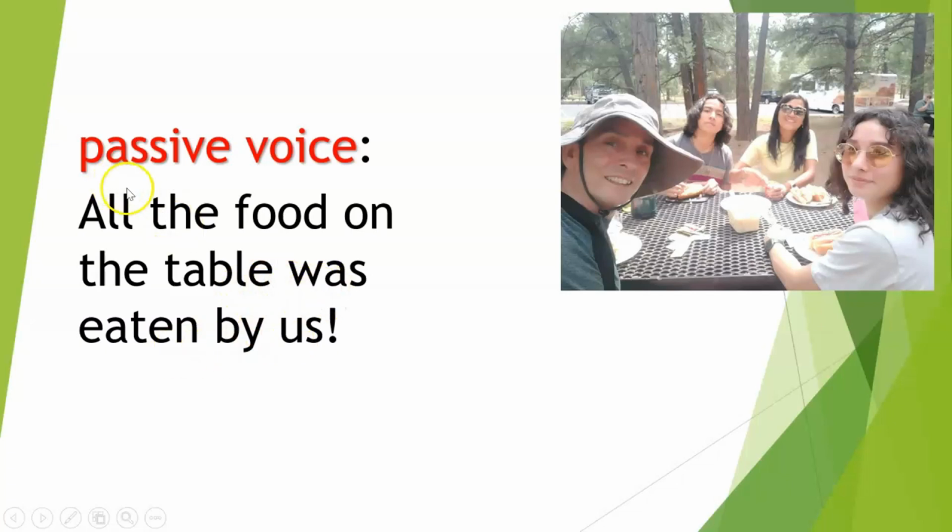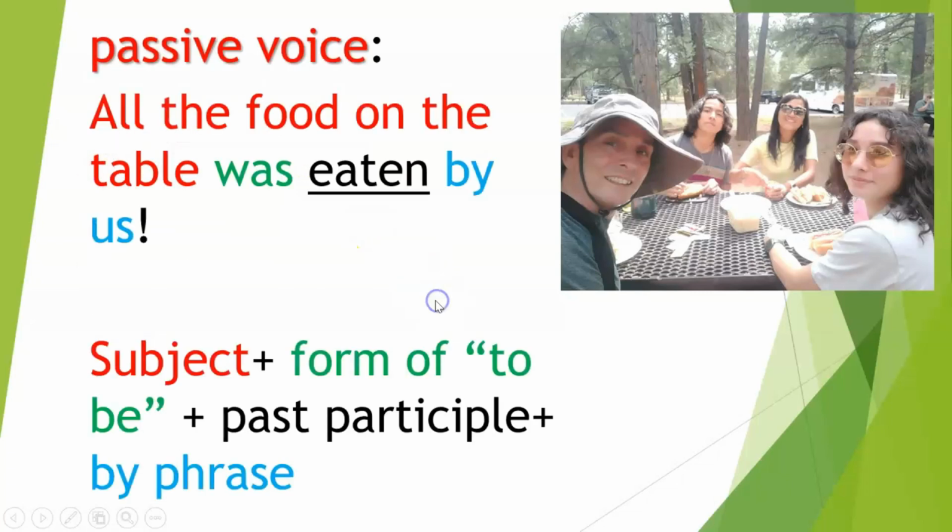Now, this is a passive voice sentence, and the passive voice elements are, first of all, we're going to have a subject, plus a form of to be. We're going to have a past participle, also called the third form, and then you might have a by phrase. Not all passive voice sentences have a by phrase. Some do not. So, in this example, there is a by phrase.